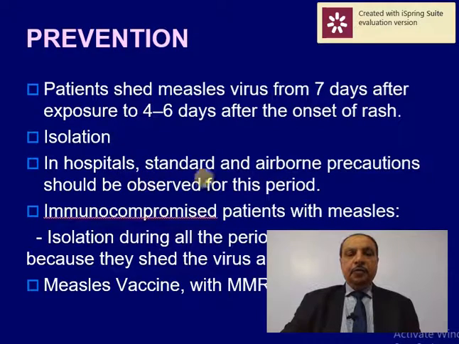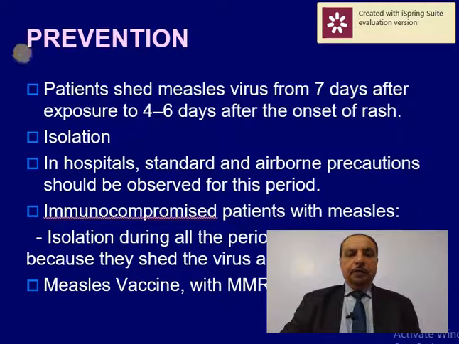In hospitals, airborne precautions should be taken. In immunocompromised patients, the virus shedding will be for a longer period. That's why during this period the isolation will be longer, until complete cure from measles.